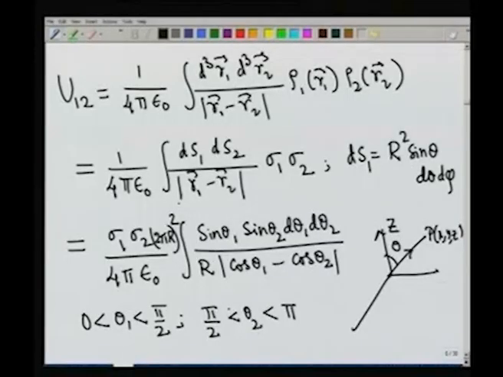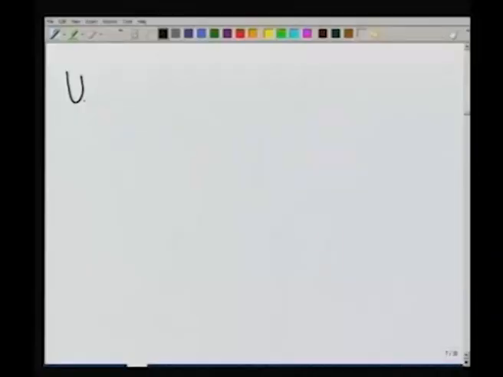Therefore, what I invite you to do is to integrate this expression. If you integrate it, you will see that you get an expression dt1 dt2 divided by t1 minus t2. Therefore, how does the expression for the energy look? Let me give you the answer.